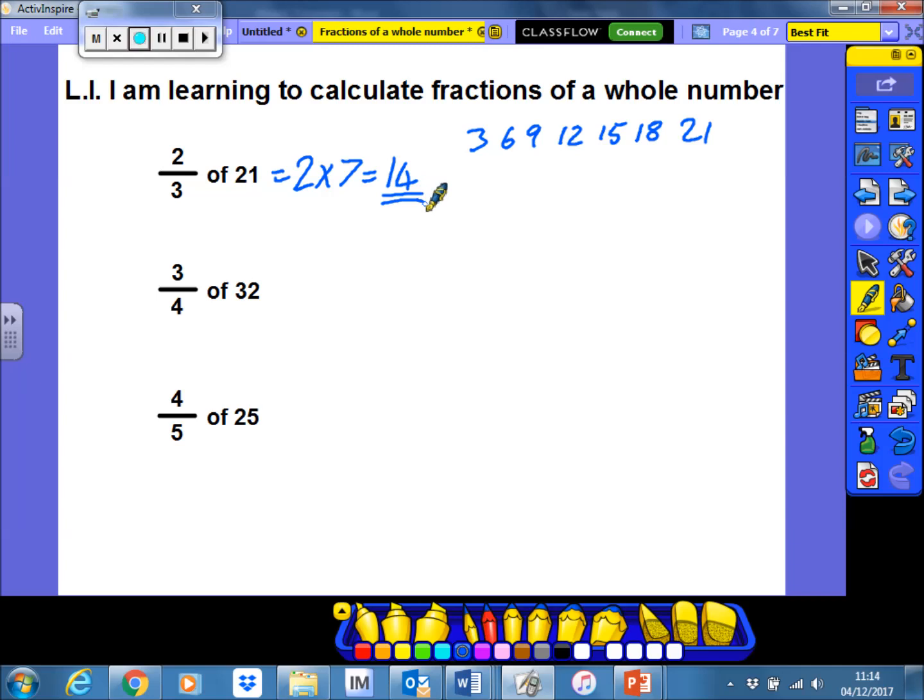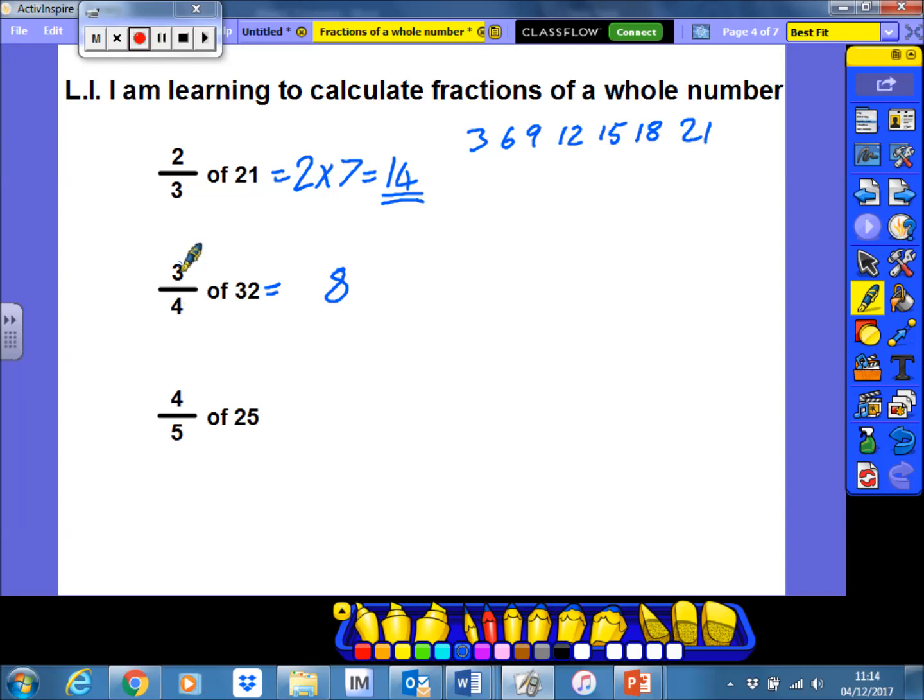Let's see another one here. So this time we're going to be using our 4 times table, dividing 32 by 4, and then timesing our answer by 3. We're starting to see how we can just apply a strategy here. Basically, divide by the bottom and multiply your answer by the top. So 32 divided by 4, well, I know the answer to that is 8.